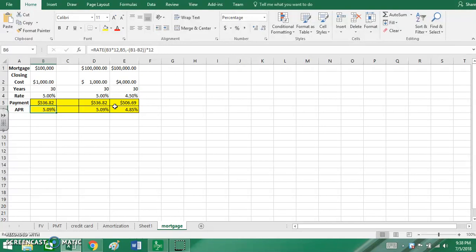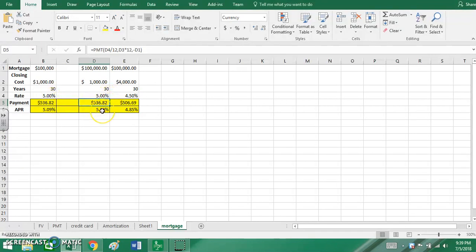So then the next question says, which is going to give us a better rate? The 5% with the $1,000 closing cost, which is this scenario, or the 100,000 with the 4.5% and a $4,000 closing cost. So it seems like it'd probably be pretty clear, and it is. Our monthly payment came out to be $536 for the 5%.